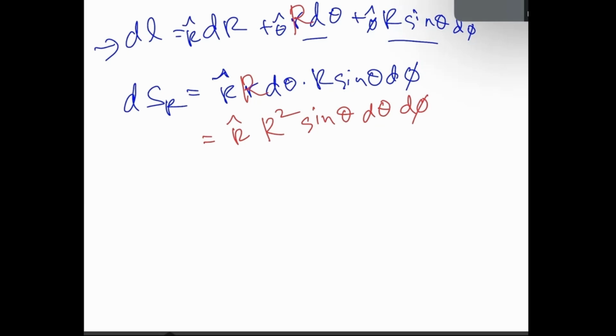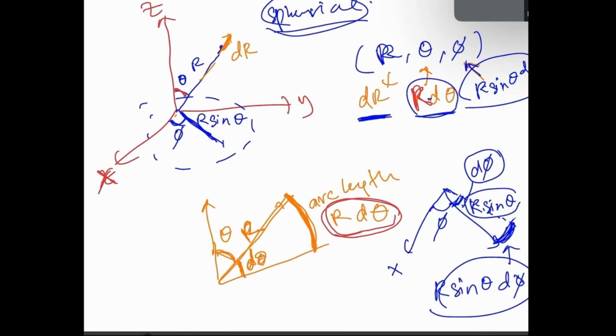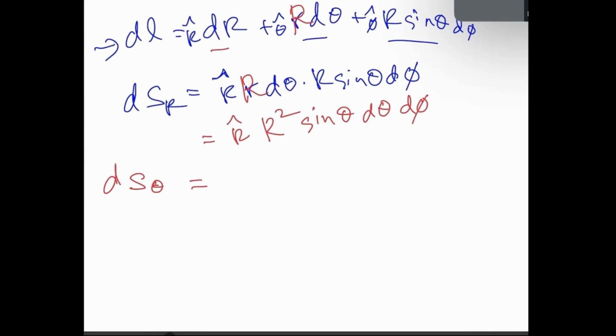Now the surface in the direction of theta. For theta, we just make theta constant. And when theta becomes constant, take this one and this one: dr times r sine theta d phi.